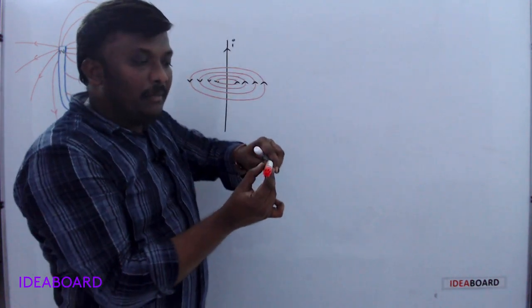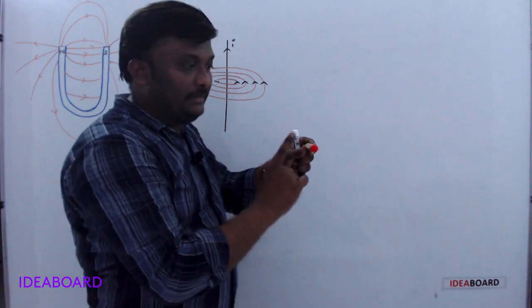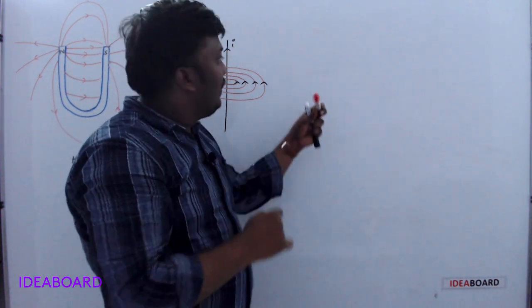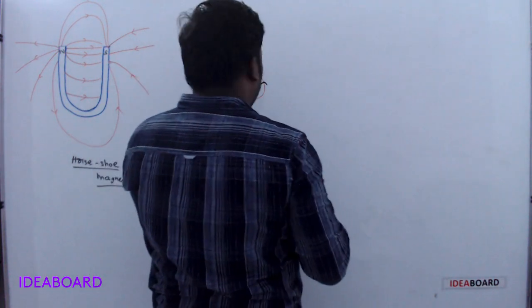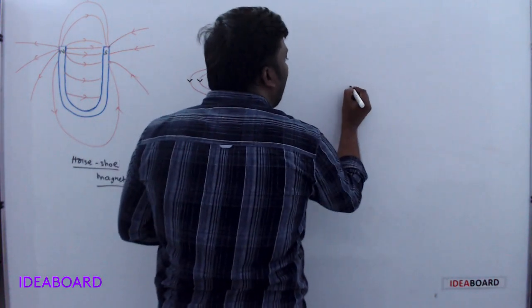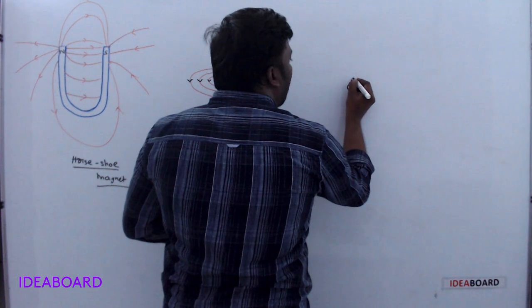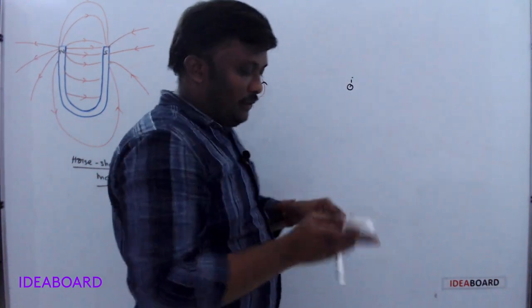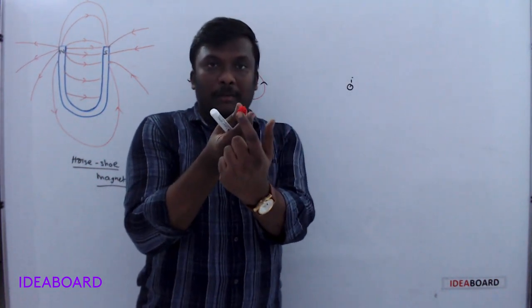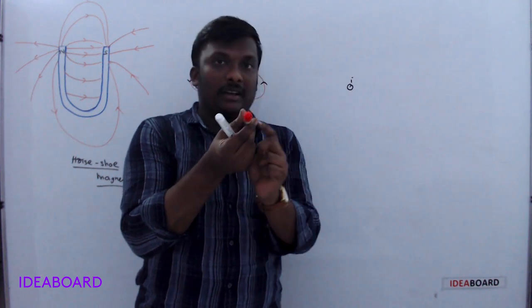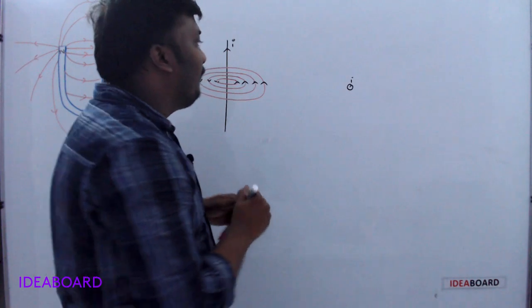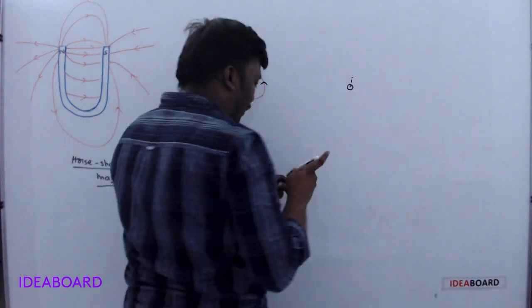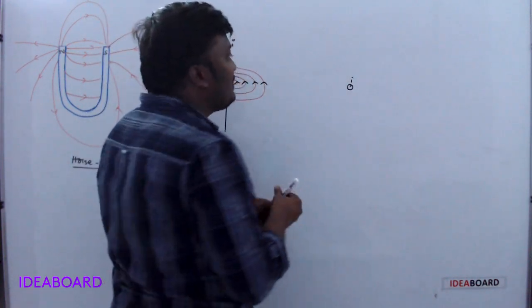If you see this diagram in this way, the current is out of the plane of the paper, which indicates this is the direction of current. It is out of the plane of the paper, so it appears as a single dot. Now around this current carrying conductor, the magnetic field will be in the form of concentric circles.